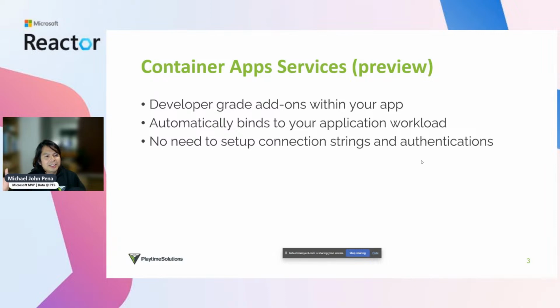So you don't necessarily have to maintain the keys anymore. You can literally just talk to it as if it's localhost. And if you think about it, it is localhost within the Kubernetes networking environment, so that's why that's going to work.